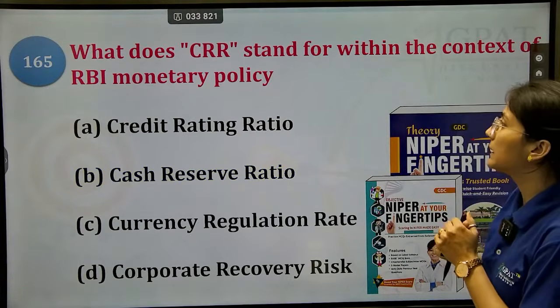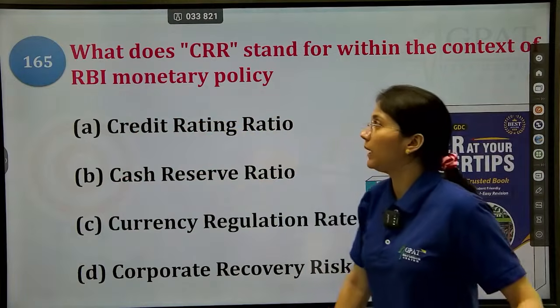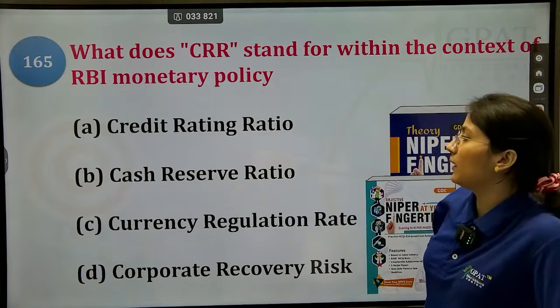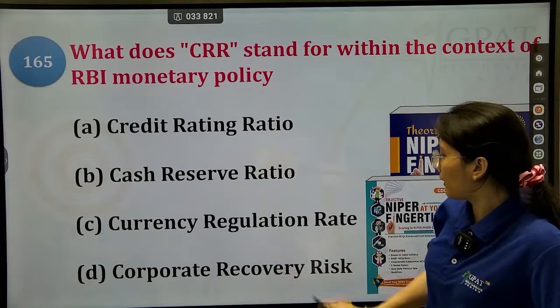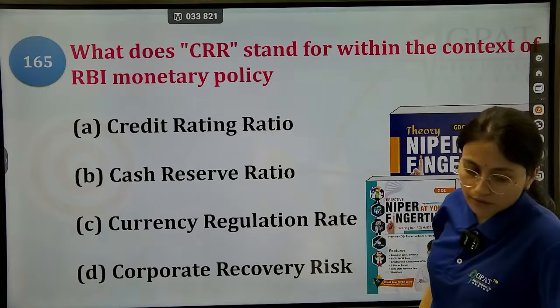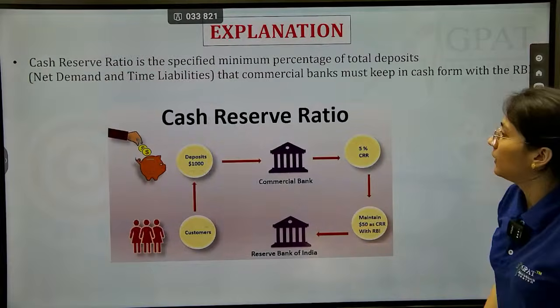Now, what does CRR stand for within context of RBI monetary policy? Credit rating ratio, cash reserve ratio, currency regulation rate, corporate recovery risk. So the answer is cash reserve ratio. That is option number B is correct.